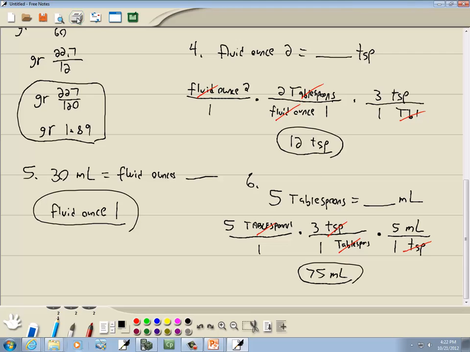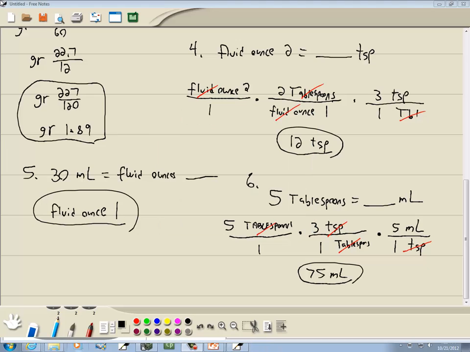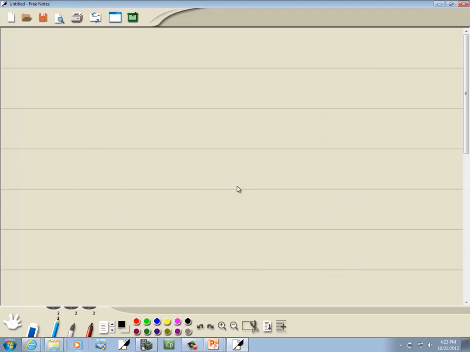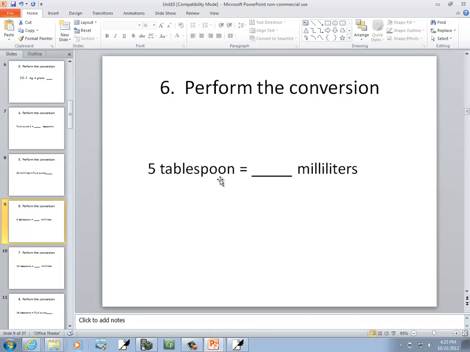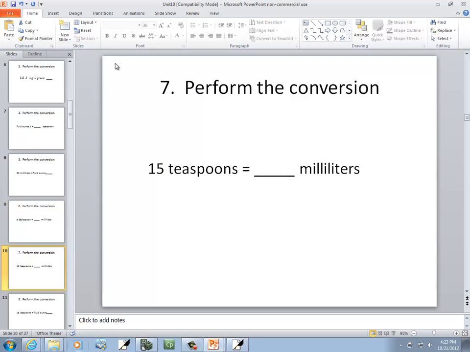Let me save this. There we go. And let's look at our next problem. Okay, so we got 15 teaspoons is equal to blank milliliters.